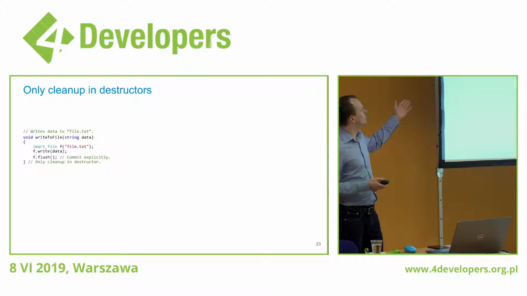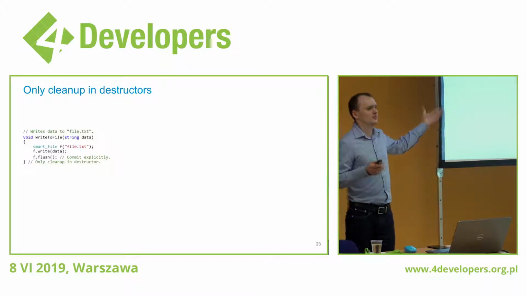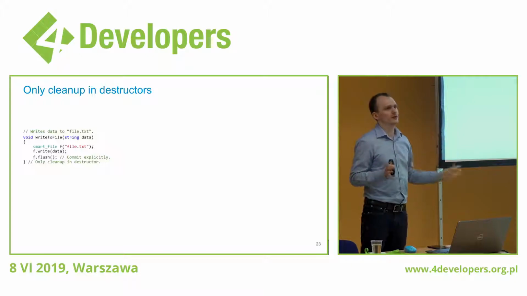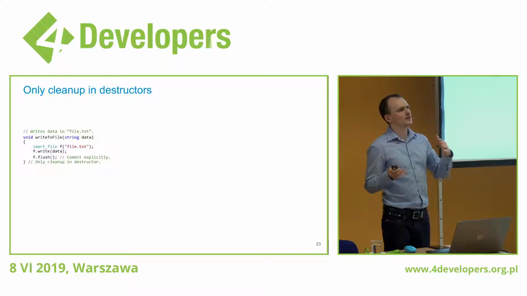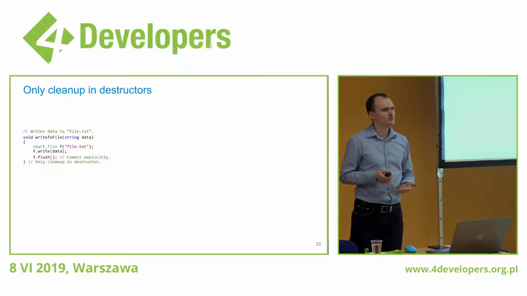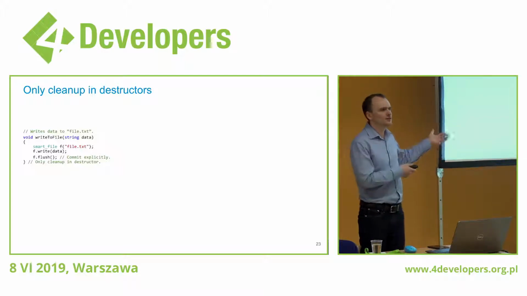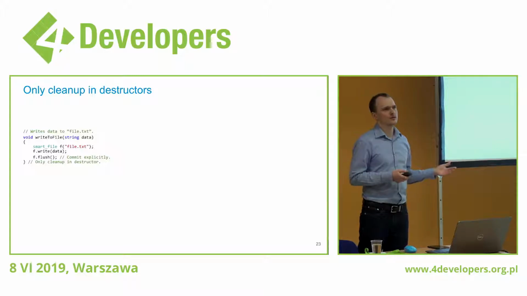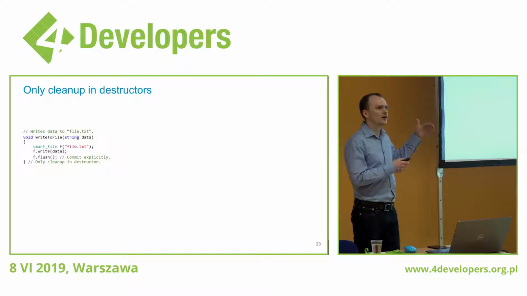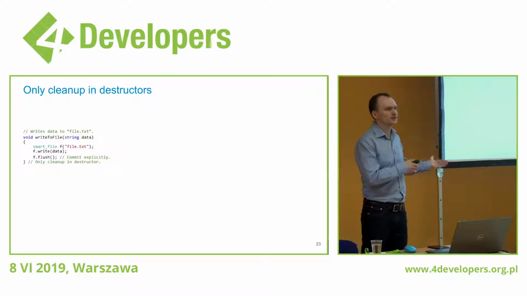So now, if the cleanup in the destructor fails, meaning there was something that could fail, then ignoring this error wouldn't be that much of a problem because the function already did what it was supposed to do. So it fulfilled its contract. The function worked. It can return a success.